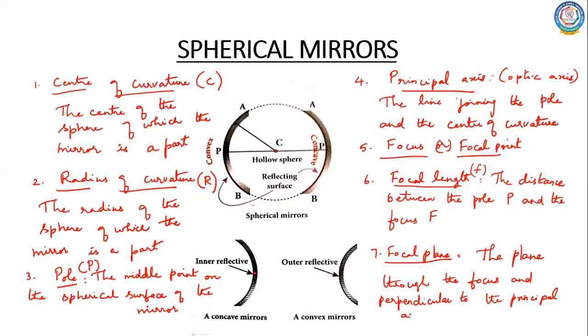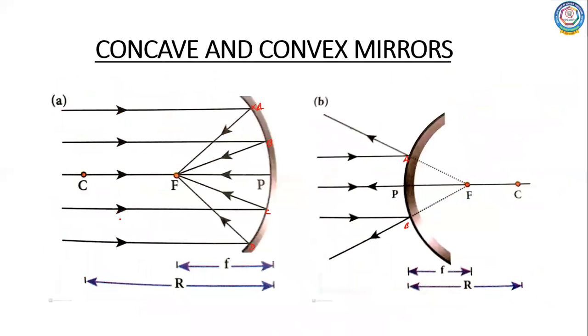It is called the focal plane of the mirror. Now this is the principal focus, right? Imagine a plane here. I cannot show it now. Imagine a plane here. This plane is perpendicular to the principal axis. So this plane is what you call the focal plane, which passes through the focus and is perpendicular to the principal axis.